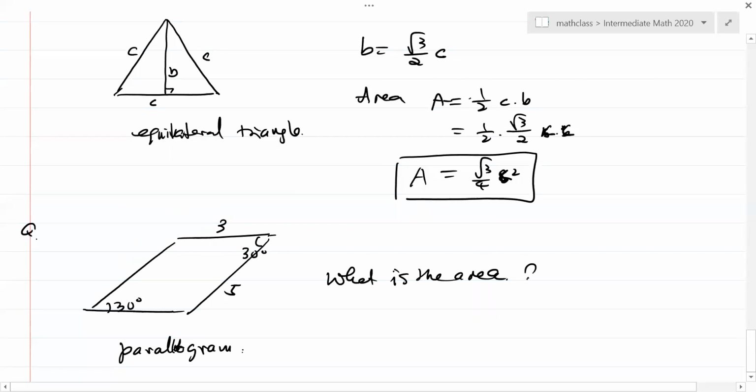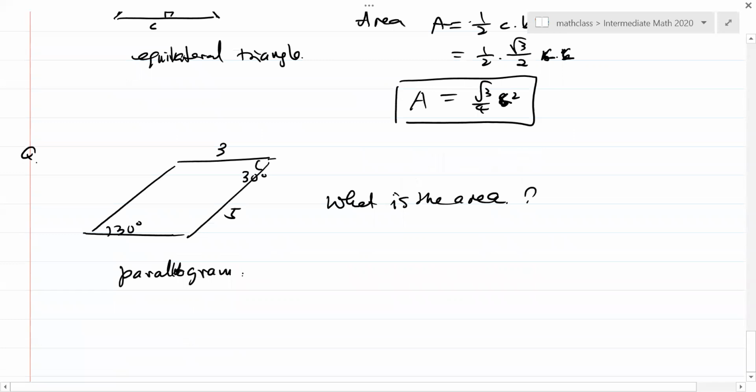All right, can you try this? Can you determine the other angle?